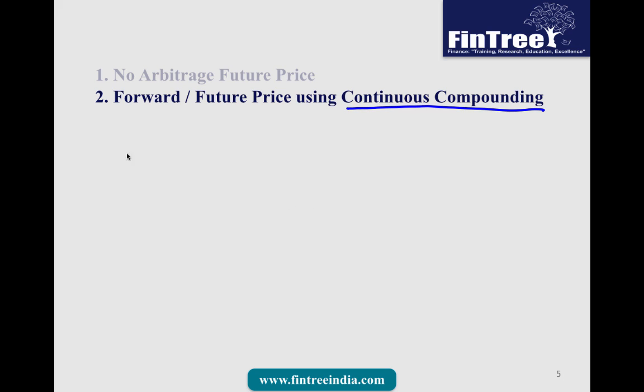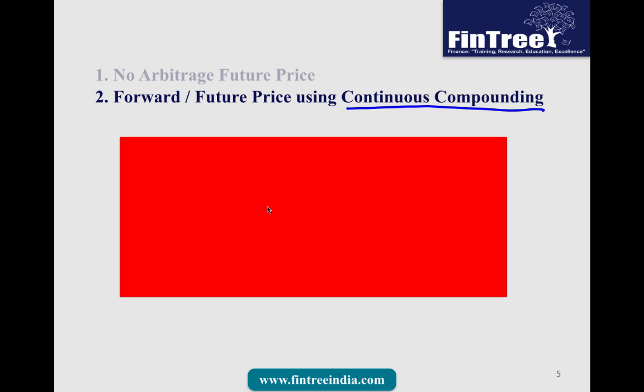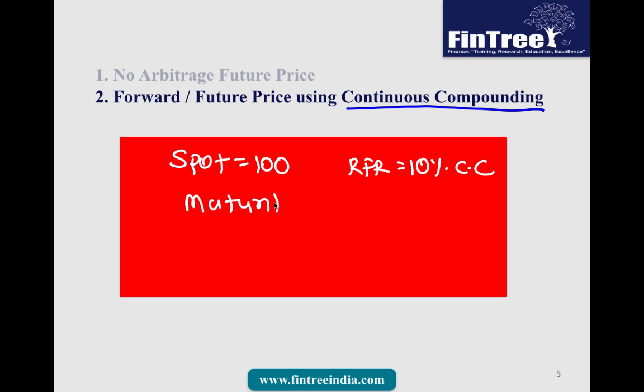Now, the no arbitrage forward or future price using continuous compounding. Let us say spot is 100, the risk-free rate of return is 10% compounding continuously, and maturity is 6 months, which is half of the year.